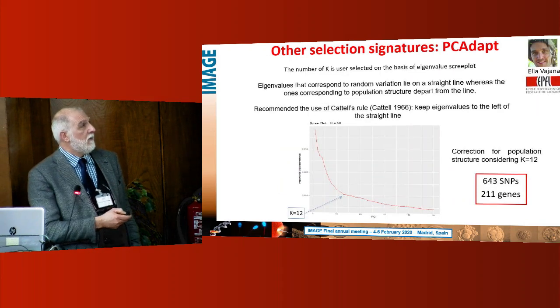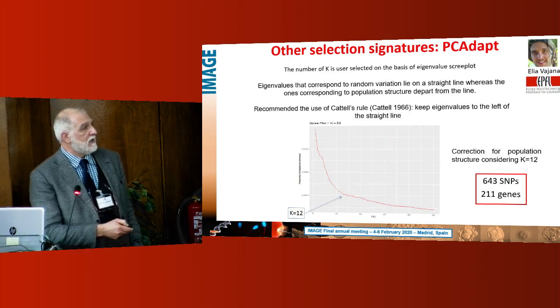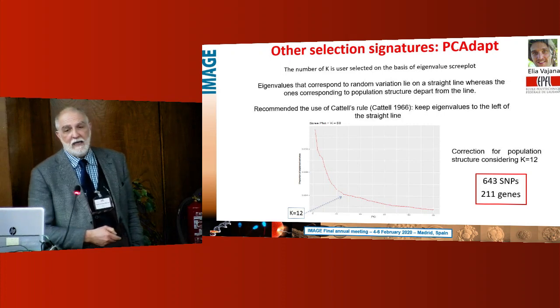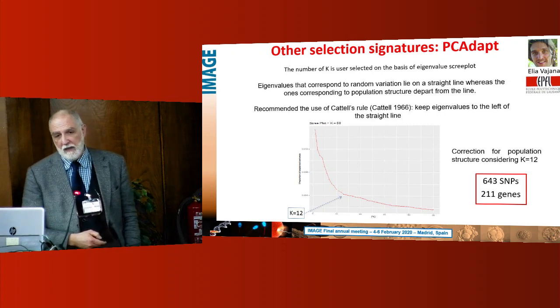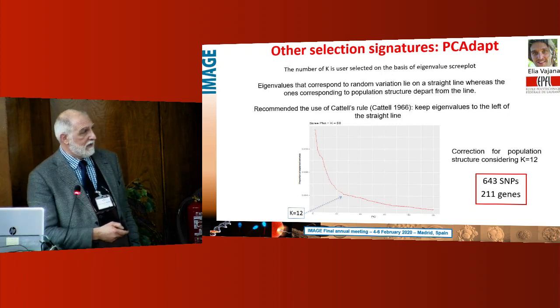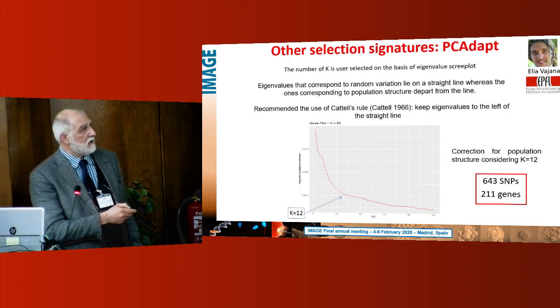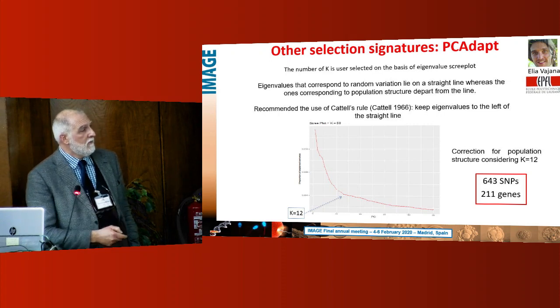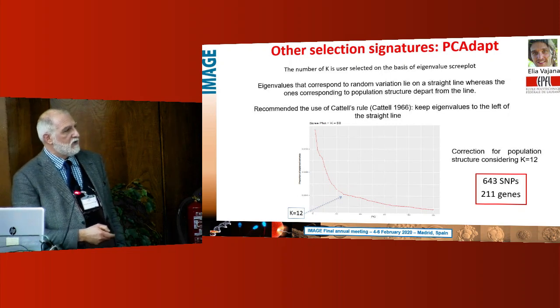To correct for population structure, what is usually done is a principal component analysis, and then you decide how many dimensions, the scores of how many dimensions, to use for correcting. In this case, according to Cattell's rule, Elia used K equal to 12 to correct.